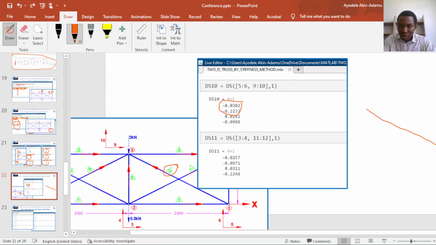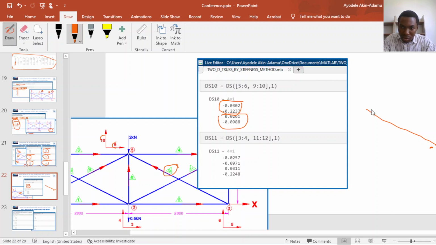So this node here should displace to this point. For this part, this is degrees of freedom 9, 10 at this node. We have a positive value, 0.0261, in the horizontal direction. That means it moves to the right and it moves downward.